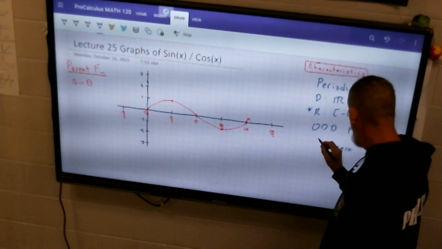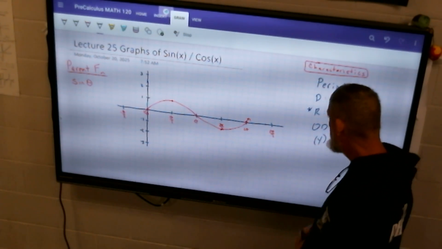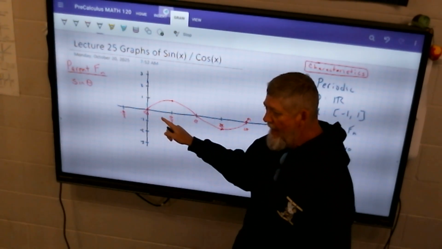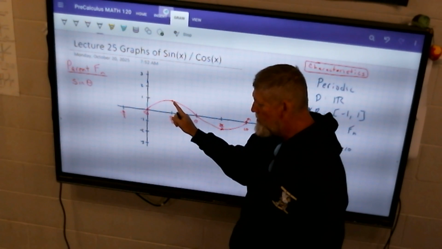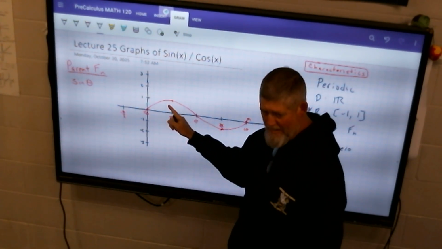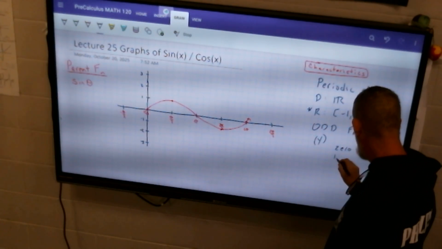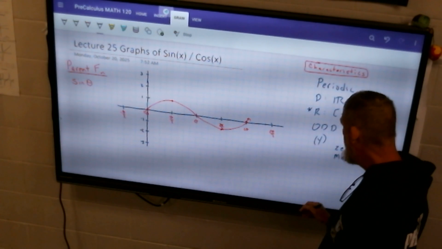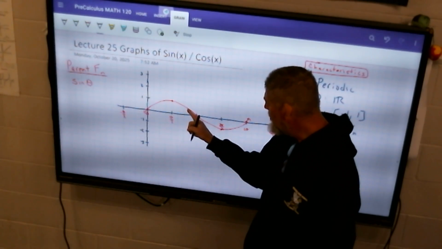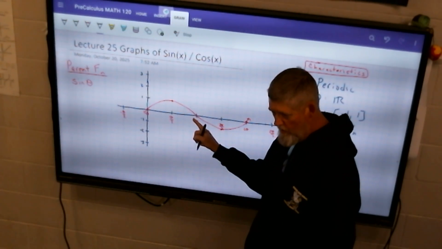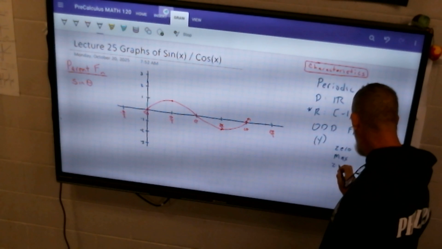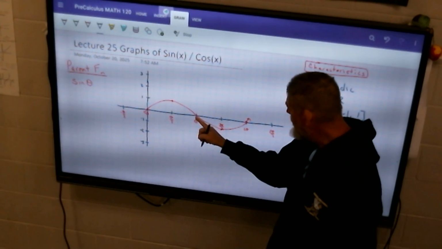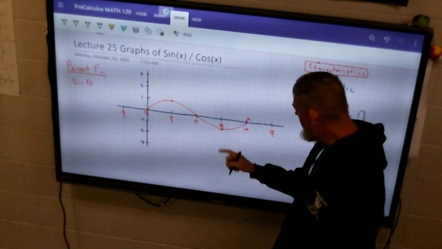So it always starts at 0, and then where does it go to? What's the next major point? Then it goes to the maximum. After the maximum, it goes back to 0. Where does it go next? Down to the minimum.